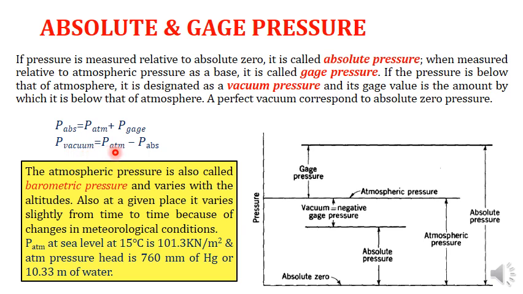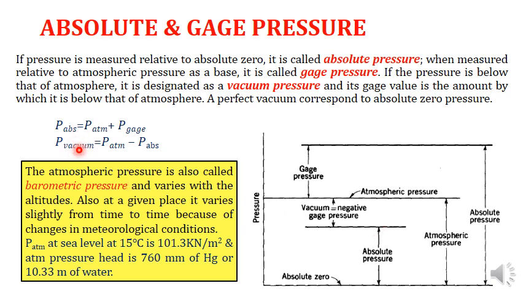For the cases in which the P vacuum needs to be calculated, you must come down, meaning you need to subtract the P absolute value from the P atmospheric. If this ordinate, the vacuum pressure, needs to be calculated, then P atmospheric is the total ordinate, and from it you need to subtract the absolute pressure measured from the datum, considering the datum point as absolute zero, up to the pressure of the fluid under consideration.